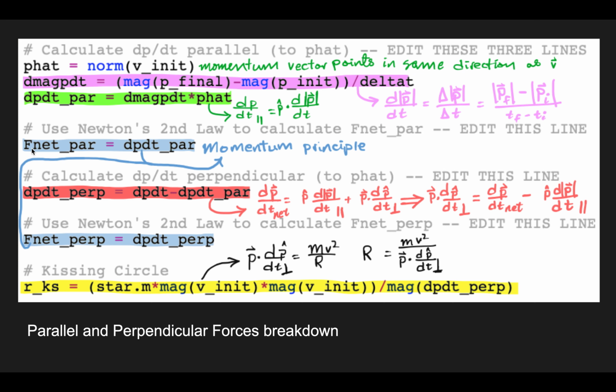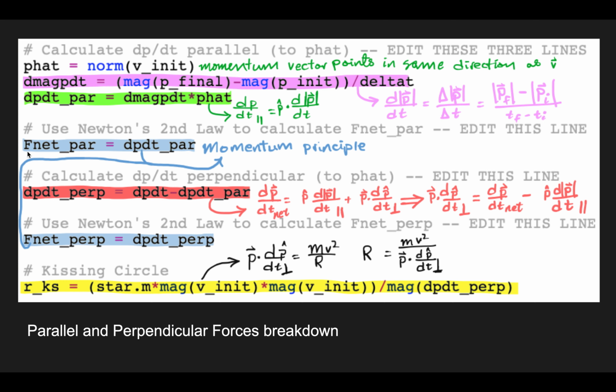And then for F net parallel, we say that it's equal to dP/dt parallel because, again, we're assuming that there's only gravity acting on the star. So the change in momentum over change in time of the star is equal only to the force of gravity acting on it.